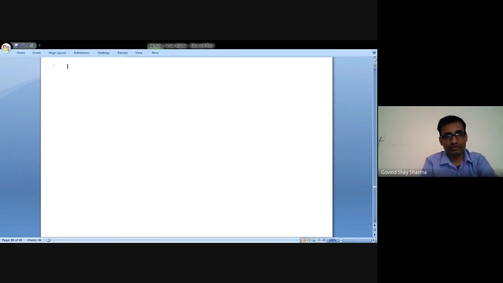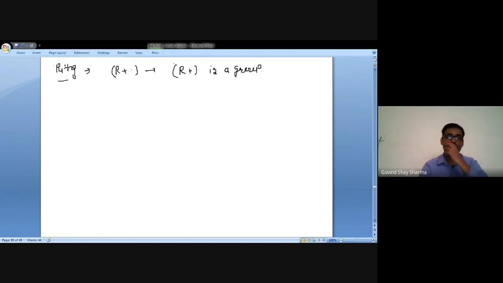First I write ring. In the last lecture we discussed about ring. Ring means R plus dot, an algebraic structure, is called a ring if, first, R plus is a group. Second, R dot has associative property.